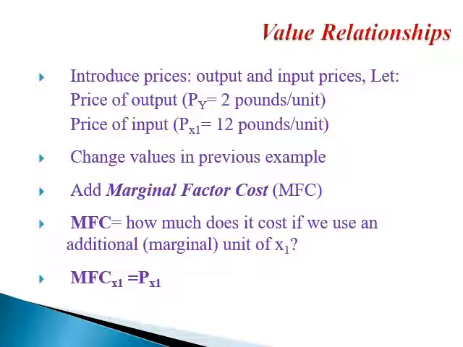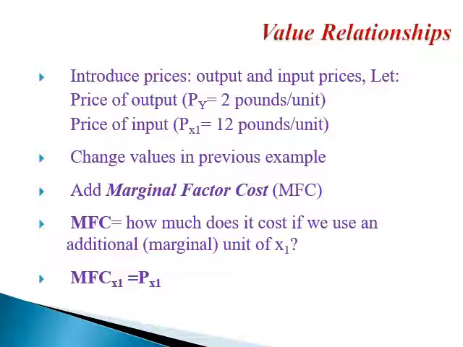So here we said that we will assume that the unit price of output, or P of y, is equal to 2 pounds per unit, and the unit price of the variable input is 12 pounds per unit. And please do not have that question in your mind, because I know that a lot of you will have it.